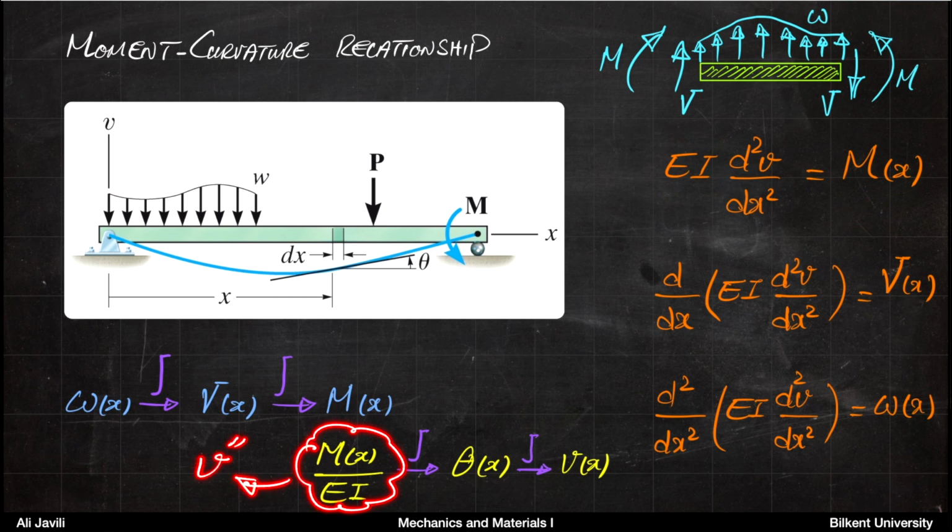So now if you integrate once more, you would have v prime, which is essentially theta, because we assume that theta is small. So the derivative, or basically the tangent of theta, and theta are equal. So v prime is the same as theta. And then if you integrate that again, you would get the deflection function itself.